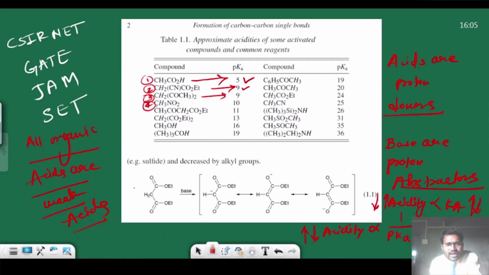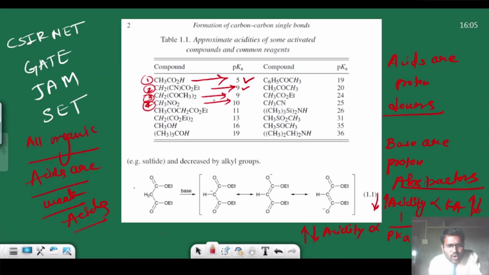This carbon has 3 hydrogens, and these hydrogens have acidic character, with pKa about 10. As the pKa value increases, acidity decreases. As the acidity increases, pKa value decreases.